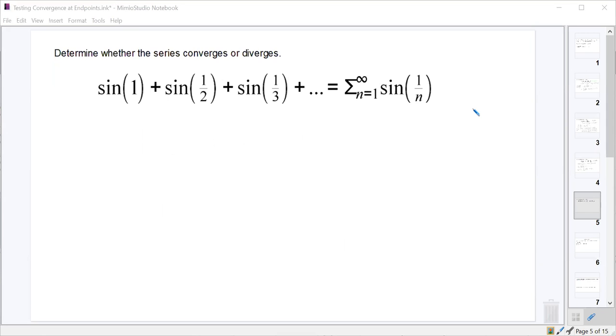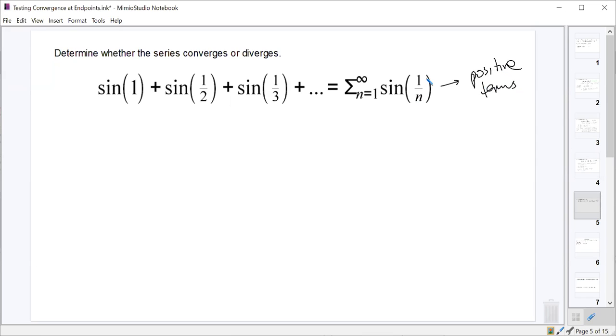And as I go from n equals 1 to infinity, all of those values are going to be between 0 and pi. So we'll always get out some number between 0 and 1, which will always be positive terms, right? These are always going to be first quadrant angles. So definitely always positive. So then the question becomes, what do we want to compare this to?